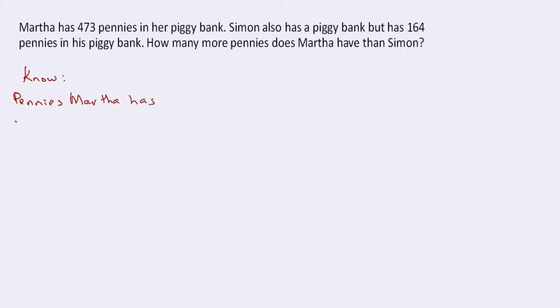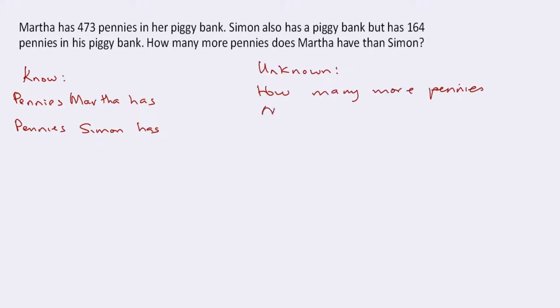We also know the number of pennies Simon has. The unknown is how many more pennies Martha has than Simon. Now we need to identify a keyword that leads us to subtraction. We're looking for how many more. This is the keyword that leads us to a subtraction.